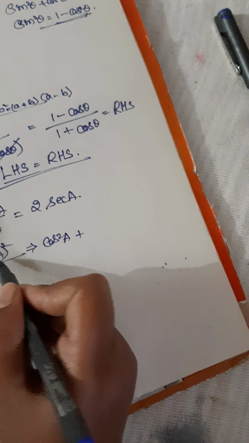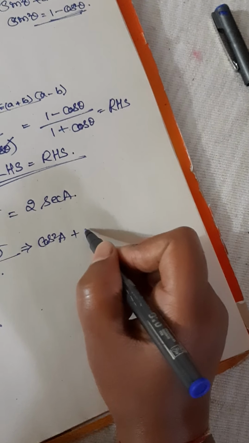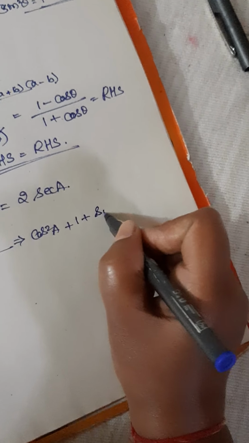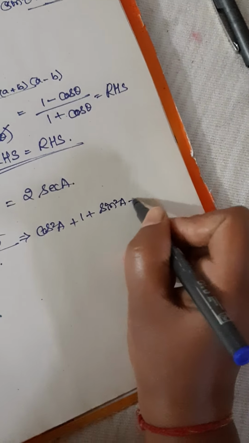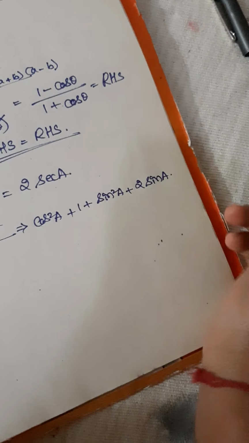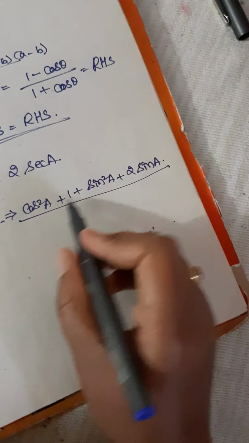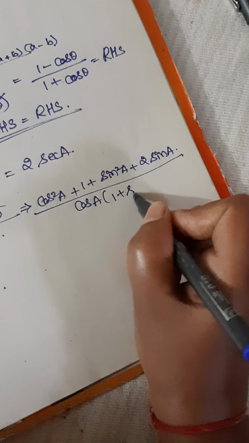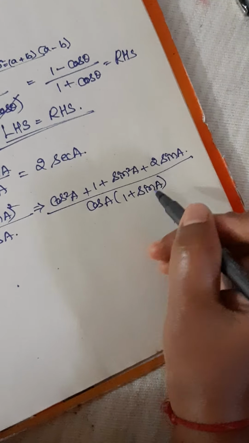So for this we can use a square plus b square plus 2ab. So 1 plus sin square A plus 2 sin A into 1, that is obviously no problem, divided by cos A (1 plus sin A).